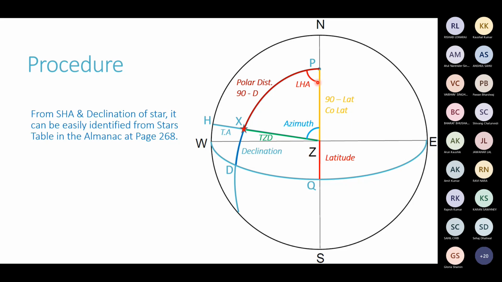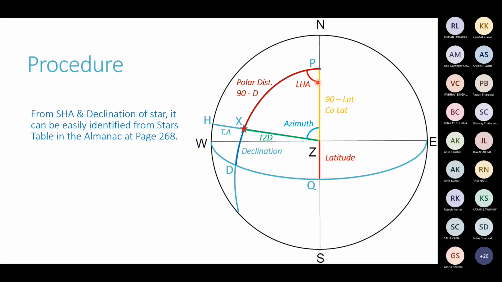The SHA and declination which we have obtained is based on the DR position, the dead reckoning position given to us. Since it is a DR position, it can have errors in it. It is not a fix, it is not an observed position.